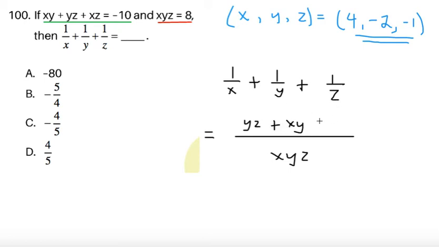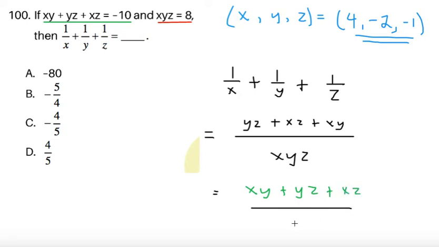And for 1 over z, I'll have xy. Apologies, the middle term here should be xz. So arranging the terms at the top, we get xy plus yz plus xz, and in the denominator, we have simply xyz.